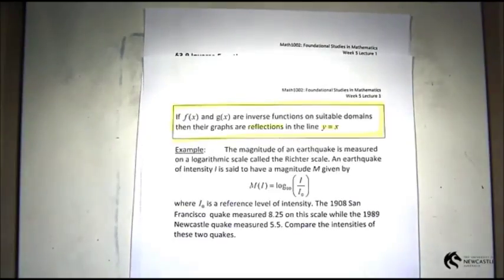So let me just say here, note, the domain of f is equal to the range of f inverse, and the domain of f inverse is the range of f. That's true for all your inverse functions as well. So let me write that down explicitly here.